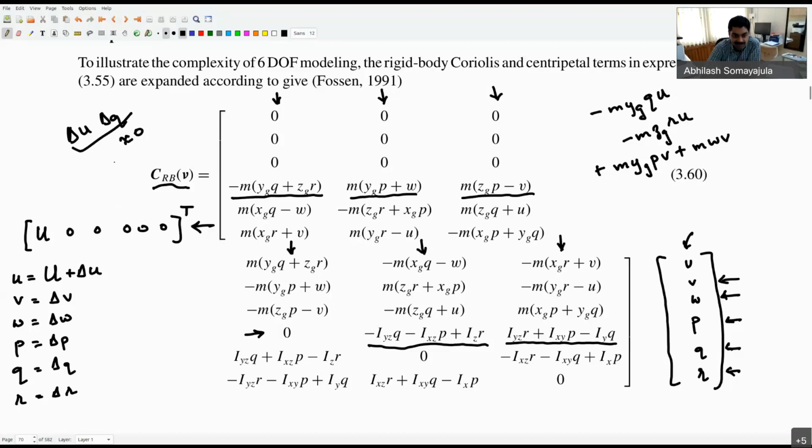Is that making sense? What am I doing? Yes, sir. I'm multiplying it out, and wherever I find the product of these quantities appear, because each quantity is assumed to be small, the product will be assumed to be much, much smaller. So I'm actually getting rid of all those terms.